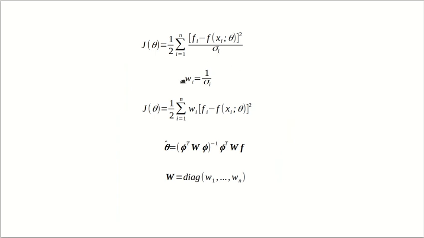And then here we introduce Wi, that's the weight for the ith training data, equals 1 over sigma I, right? And then J theta becomes this Wi times Fi subtract f xi theta squared, right? And now we can take the derivative of J with respect to theta and then set the derivative to 0, right?